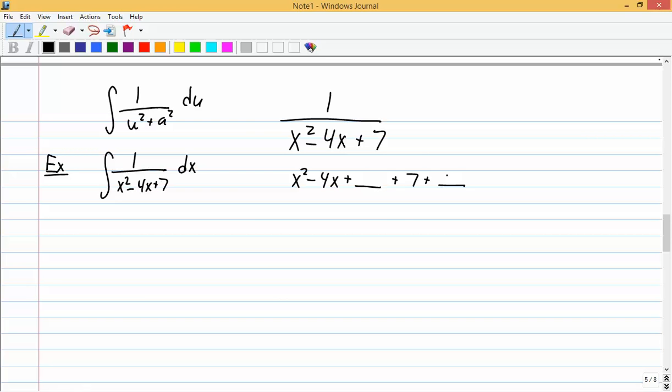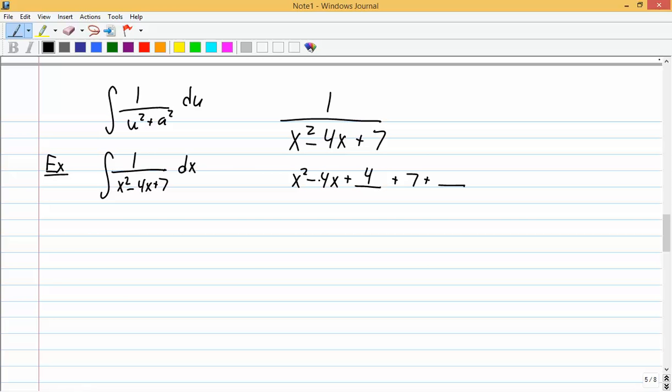It's the same quadratic. So the way that you figure out what to put in this blank is you take the number in front of x, you take half of it and square it. So half of 4 is 2, 2 squared is 4. Half of the number in front of x and square it.